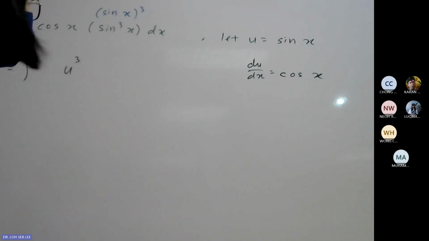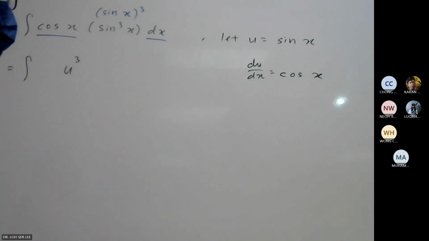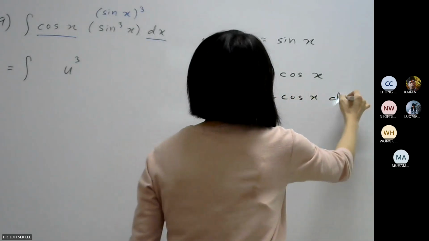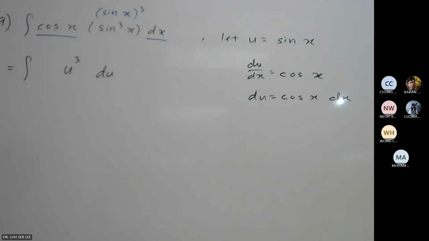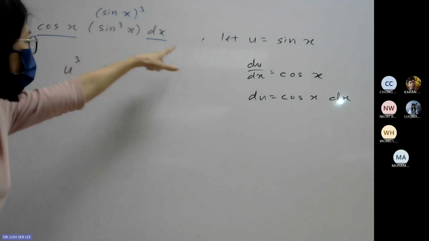So we have u cubed, and we make this. We get it from here. This is u cubed, and we need a cos x dx from that.